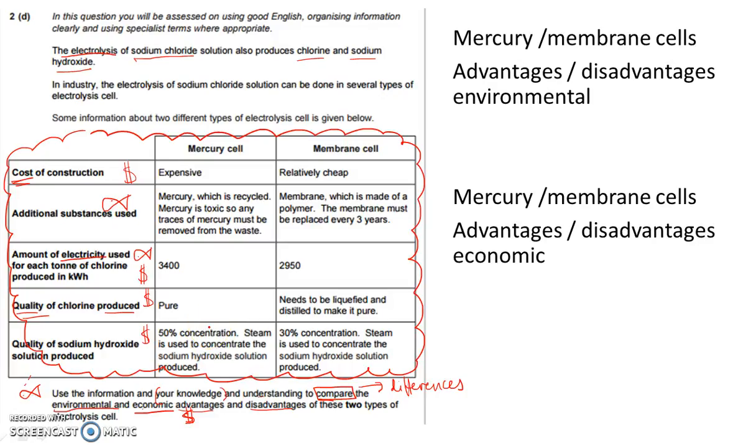Mercury and membrane cells, the advantages and disadvantages environmentally. And then mercury versus membrane cells, advantages and disadvantages economically. Have a go at answering the question, pause the video, and then we'll have a look at the answers.